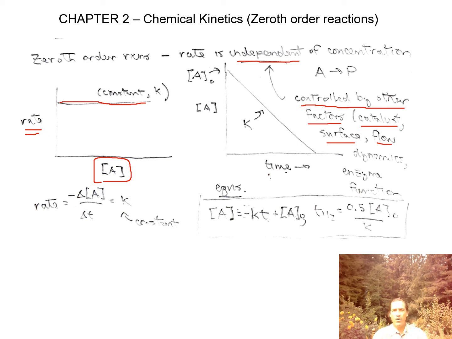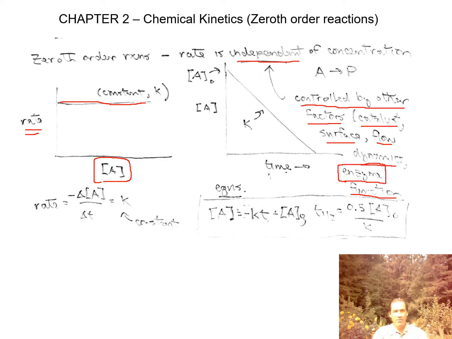Or maybe it's flow dynamics. Maybe it's just being able to deliver the reactants through flowing such that they react somewhere and make the product. Or another form of catalyst in biology is enzymes, and it's actually the rate of turnover in the enzyme that controls the actual rate.